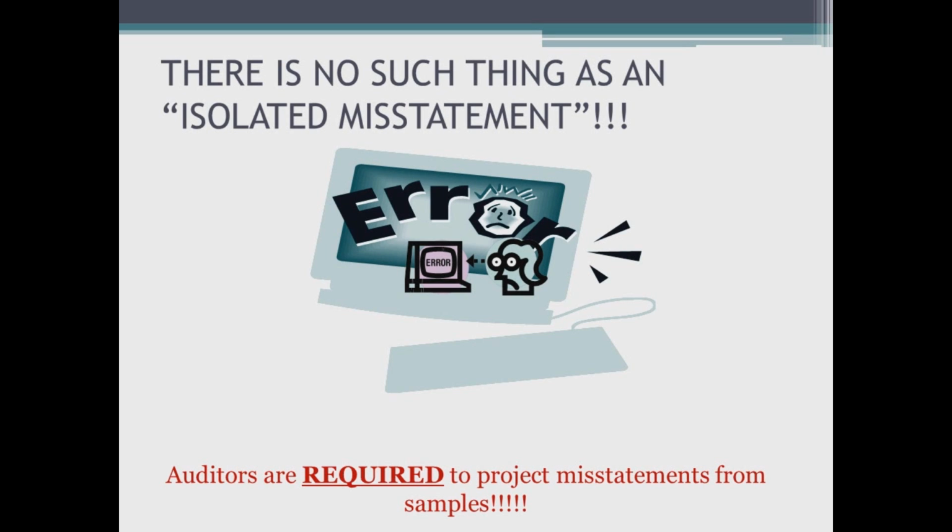What are we doing here when we look at audit sampling? Well, we've assessed risk already, right? So this is a part of our audit procedure. Now we're testing. Right, we're collecting evidence, but if we find a misstatement or an error in our sample, what does that tell us?